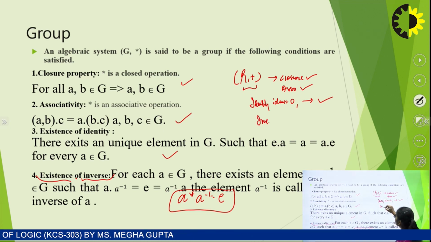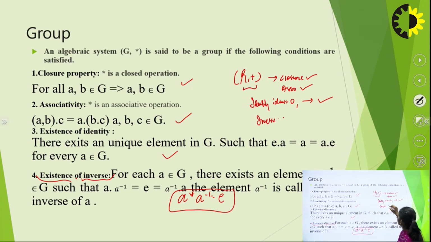Now come to the inverse. What will be the inverse of 2 so that we get 0? Here the operator is plus, so it need not be multiplied.